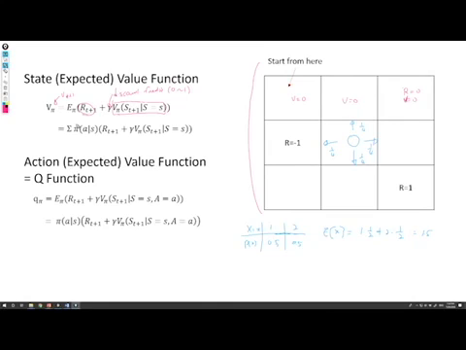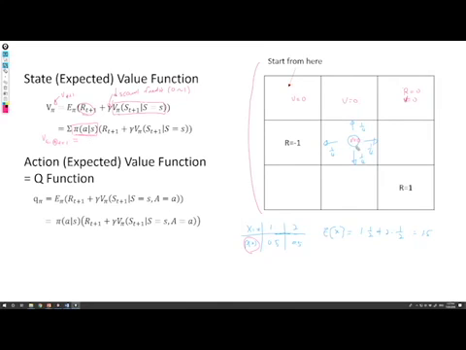At the very first iteration, I said your expected value was 0, and then we are trying to update this value after 1 iteration. So the expected value of this cell at t equals 1 is, we have 1 over 4. This is, by the way, the state transition probability: given a state, you choose an action.